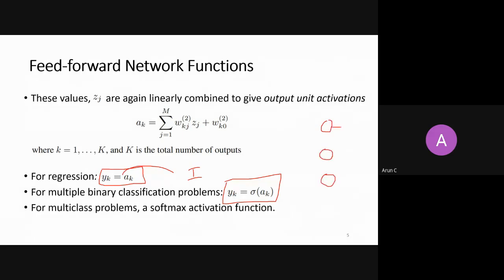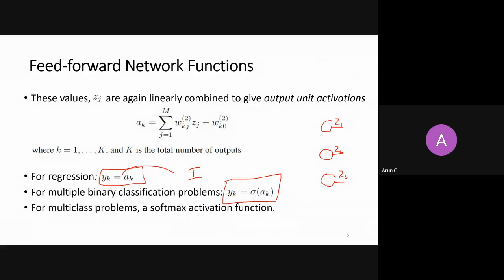So I will get, let's say, Z1, Z2, and Z3, right? These are some probabilities between 0 and 1. But I need to apply a softmax function here.